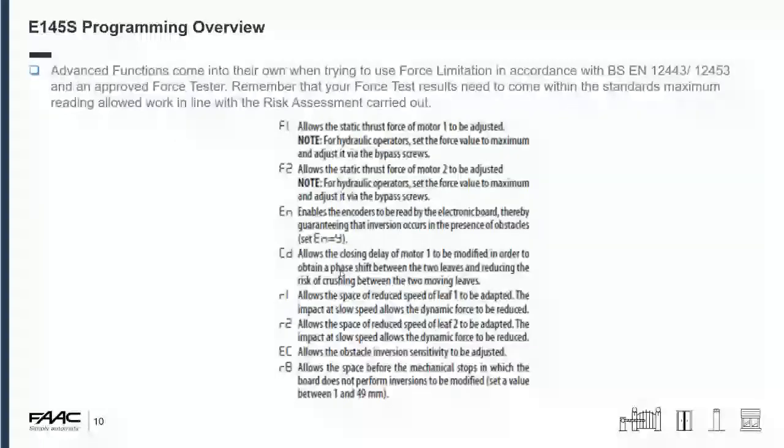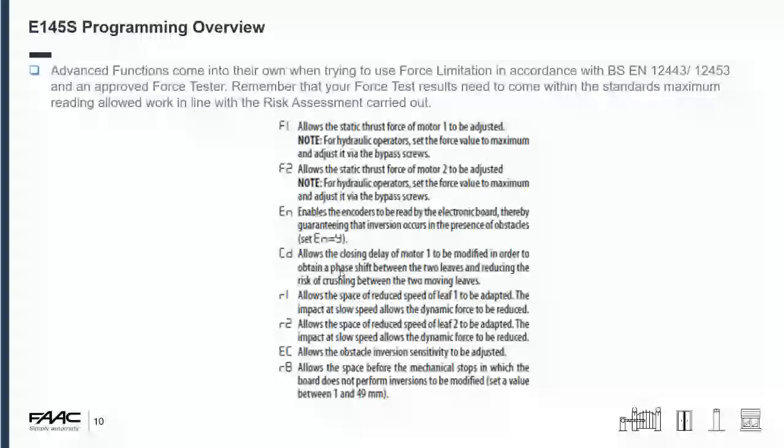Now, if you are using force limitations, these are the parameters you're really going to go through. Obviously, you've got force 1 and force 2, which are the motor forces. Just remember, as it's written on there, if you are using hydraulic operators, the force from the control board is always maximum, but you need to adjust those bypass screws on the actual motors themselves.